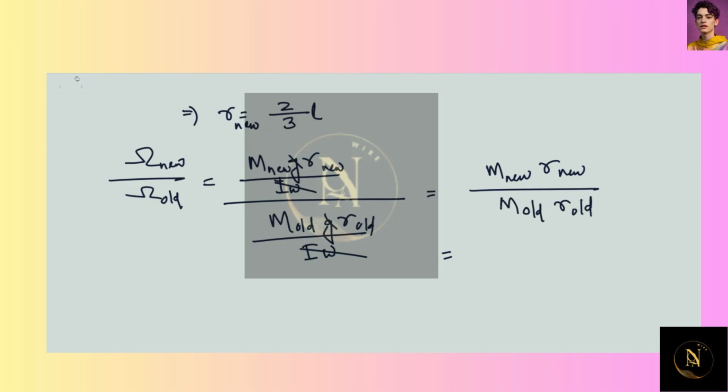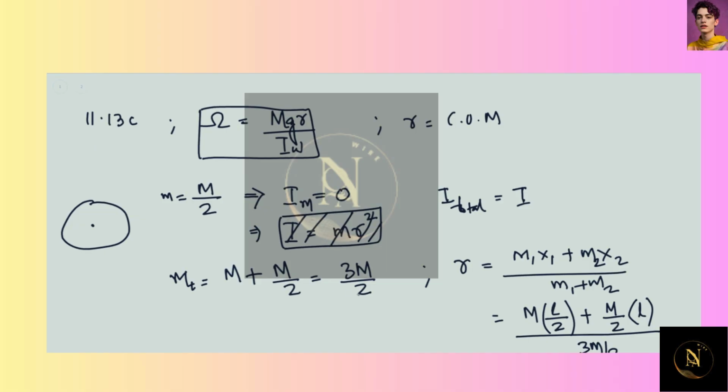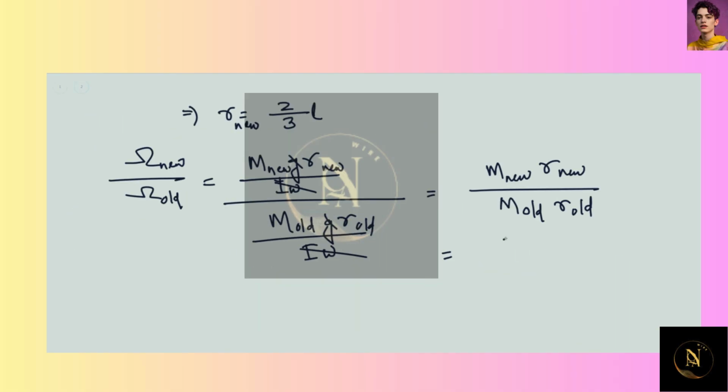Now m new, which is the total mass now, is 3m over 2. And r new is this distance, the new center of mass.